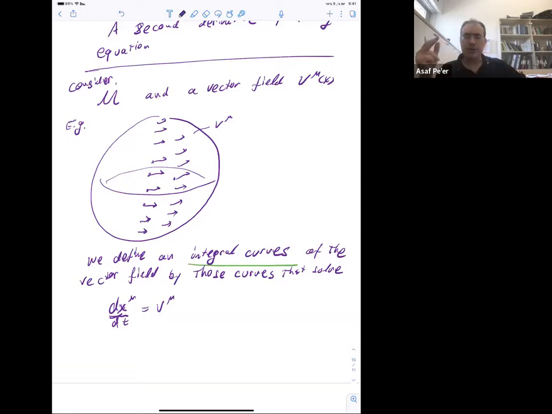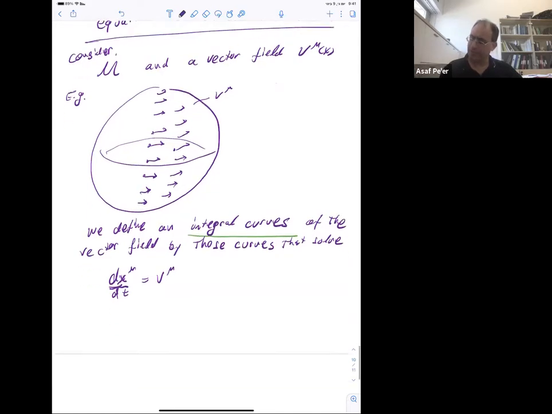Previously what we had was a curve on a manifold, and then we identified a vector as being tangent to the curve. Now we're working the opposite way. We're given a vector and we're defining a curve on the manifold in the direction of this vector. Also kind of a reverse to what we did.